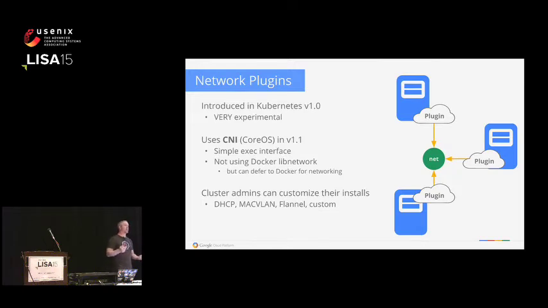And it emerged as a very early problem of, but my network is different, right? I need to use MacVLAN. I need to use, pick your favorite network technology. We don't want to be in the business of having a built-in driver for every possible framework out there, so we're just going to give you a plugin, right? And the plugin interface is very simple to code to, and it's just exec and fire and forget. You set up your network the way you want to set it up.